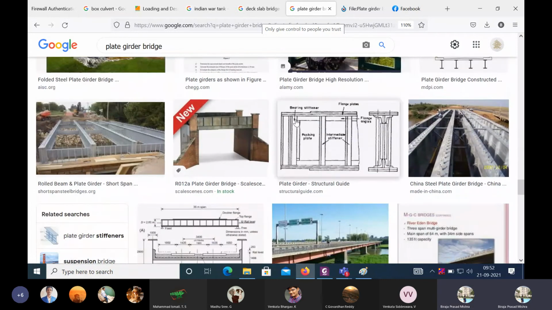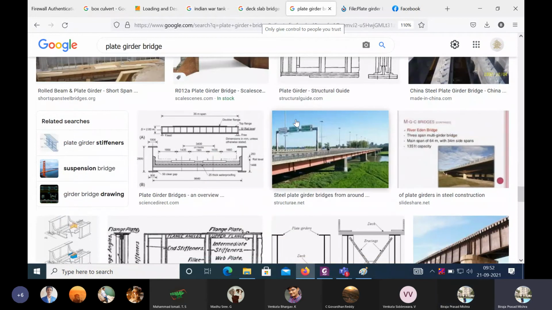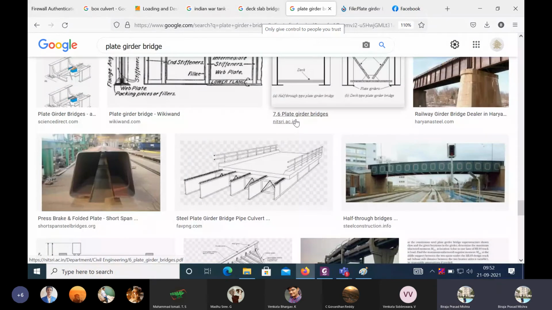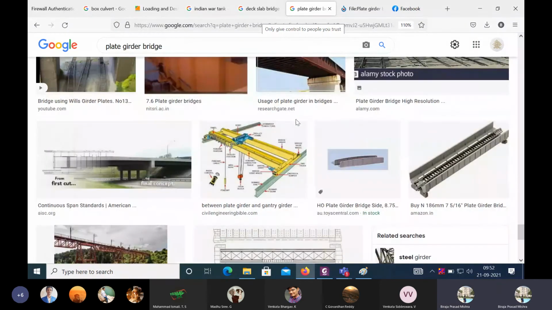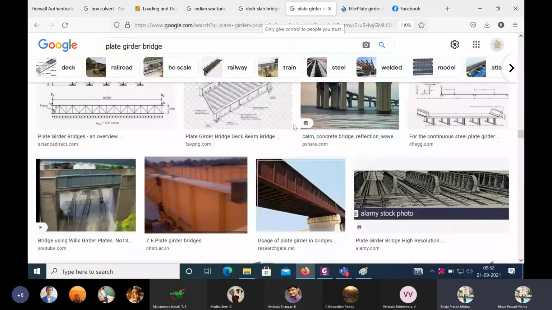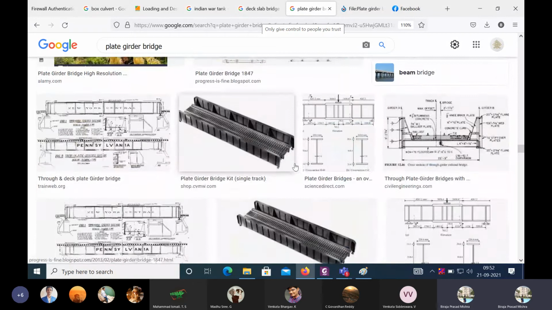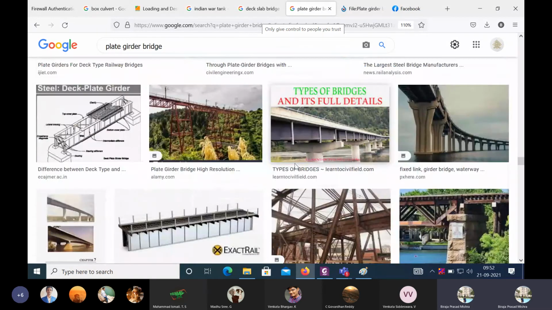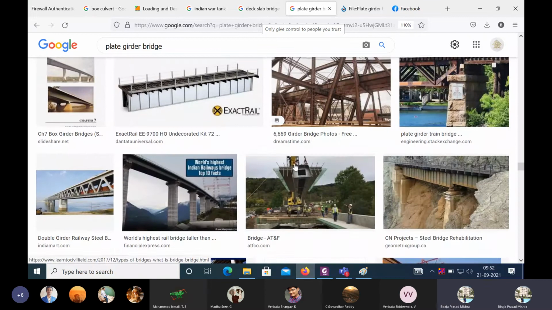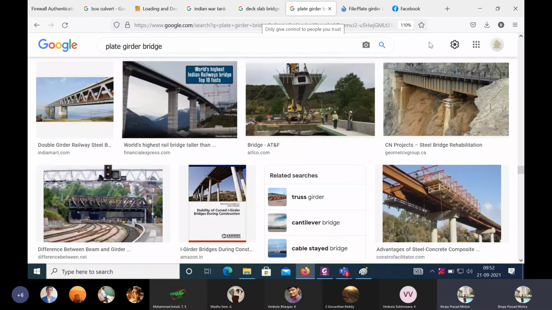Okay, this one is a plate girder bridge for the railway. These are somewhat more complicated in comparison to the deck slab bridge and others.